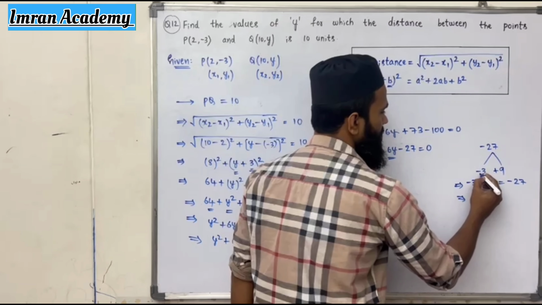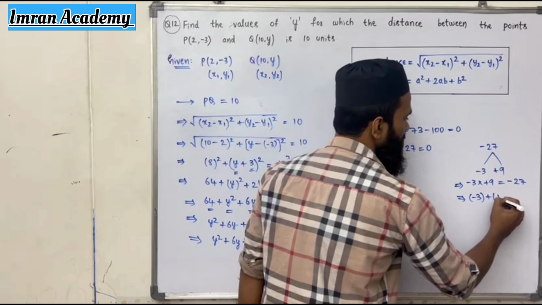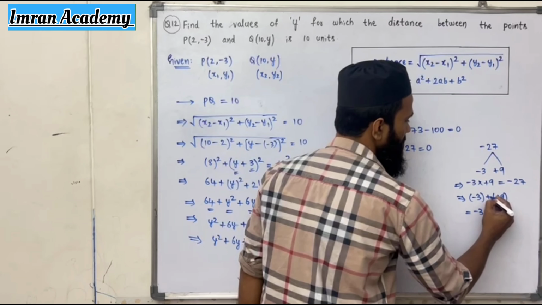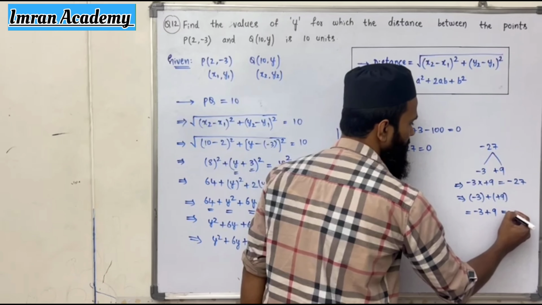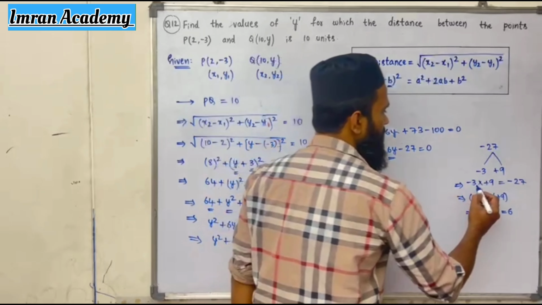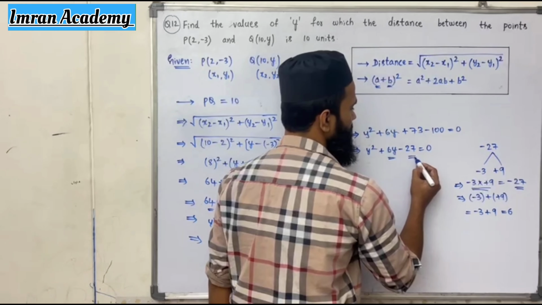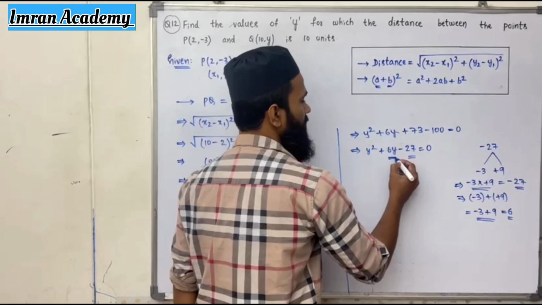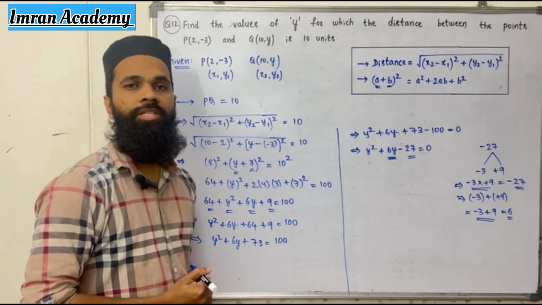When we add these two, minus 3 plus 9 is 6. Here when we are multiplying we are getting the last term. When we are adding we are getting the middle term. This is called splitting the middle term.